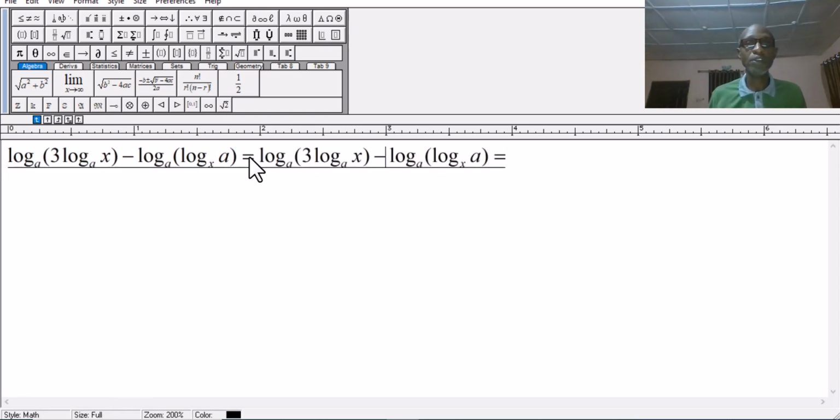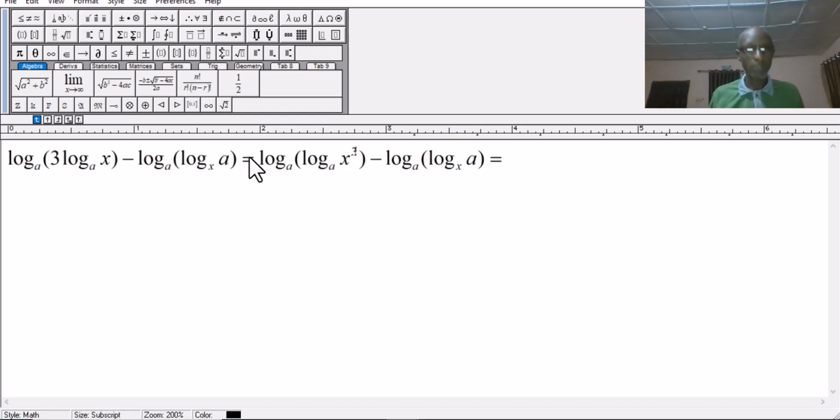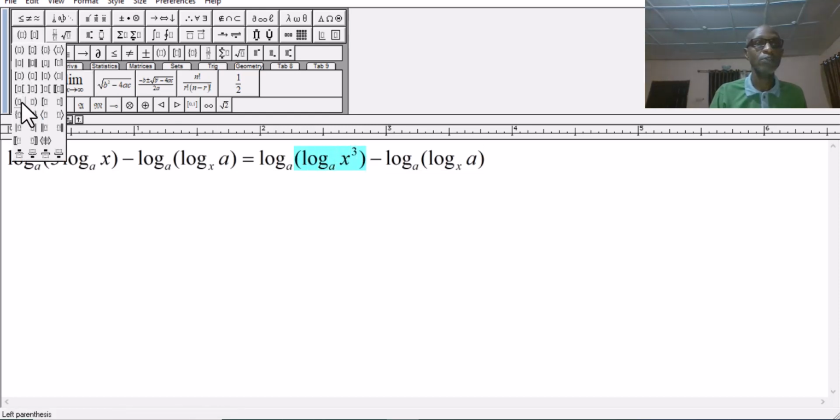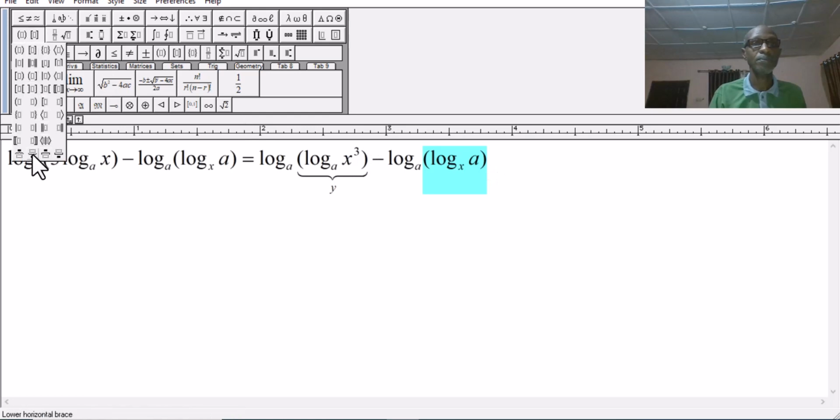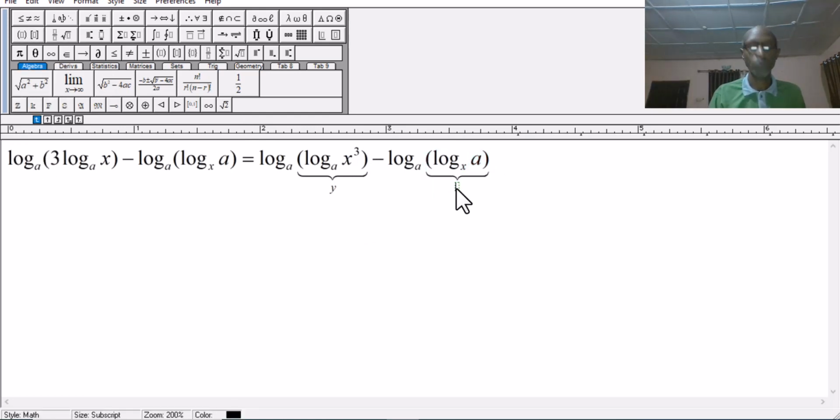This 3, everything here is your y from the question we have been given. This is your y, and then everything here is your z from the question we have been given.